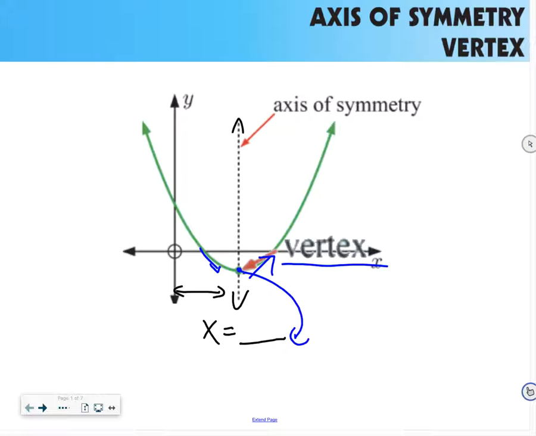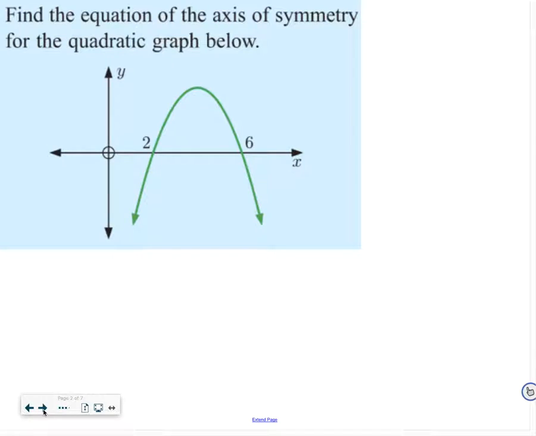If we're given a parabola here, notice this parabola is concave down, and I want to find my line of symmetry. Notice I have my x-intercepts of 2 and 6. What's nice is I know that my line of symmetry falls right in the middle. So I can find the midpoint between 6 and 2.